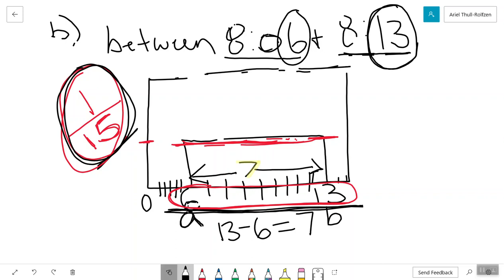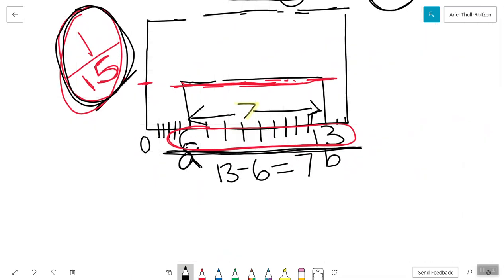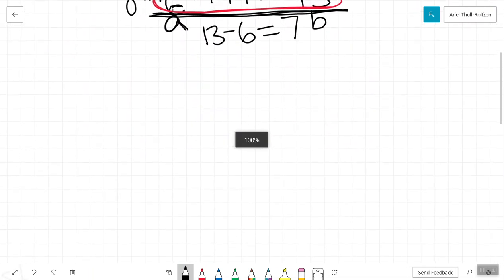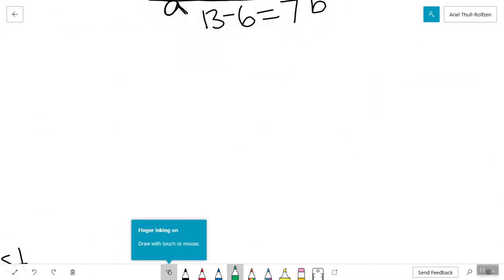So now that we have found the width, which was 7, and the height, which is going to stay at 1/15th, we can come down here and we can solve the problem.